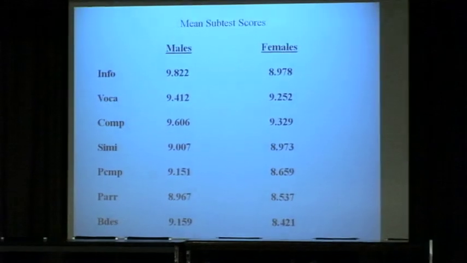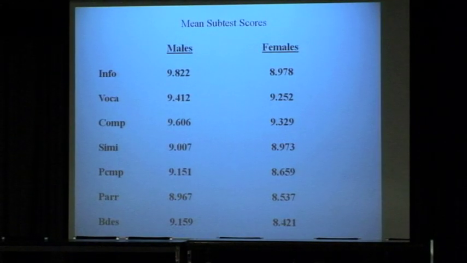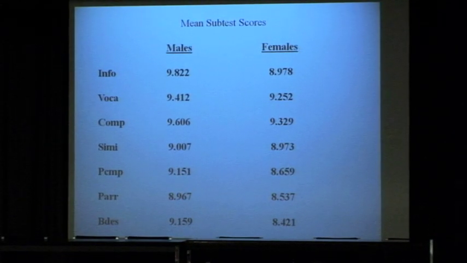And in this data set, here are the mean subtest scores. I don't know why I carried them out to 3 decimal places, because it's not really necessary, but these are the mean scores on the subtests for males and females. Males have slightly higher scores. The difference varies by subtest, though.